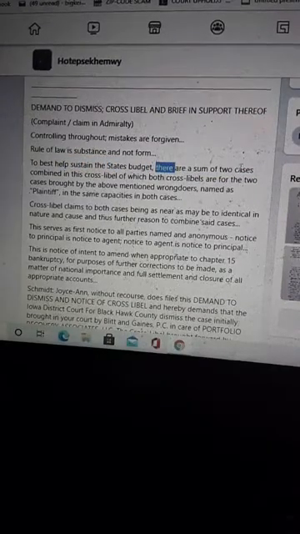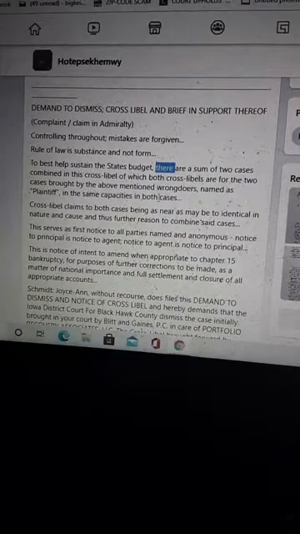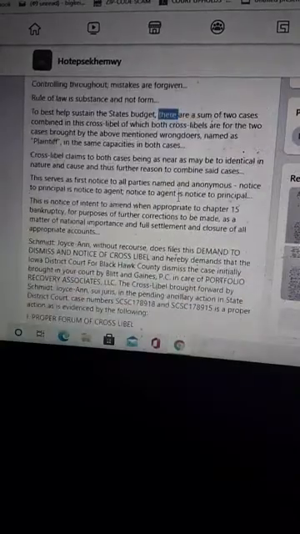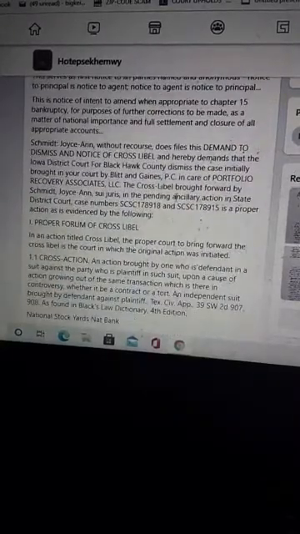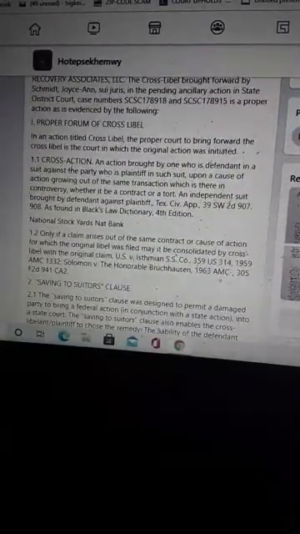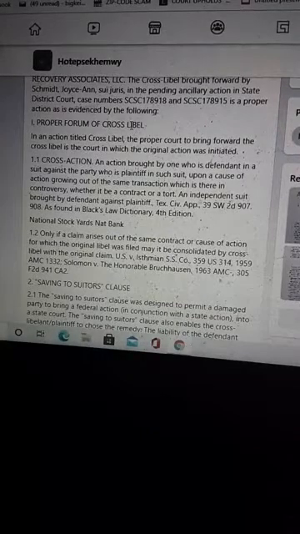There are a sum of two cases combined in this cross libel, which both cross libels are for the two cases brought by the above-mentioned wrongdoers, named as plaintiff in the same capacities in both cases. Proper venue, proper forum of cross libel.